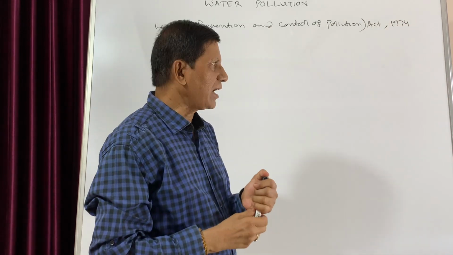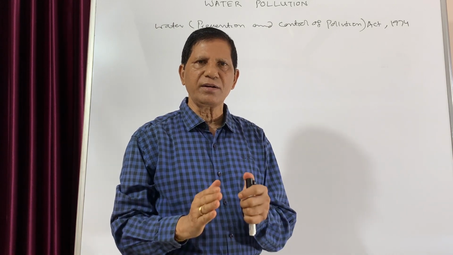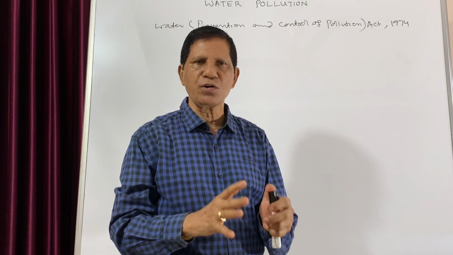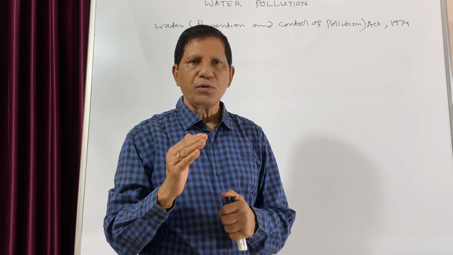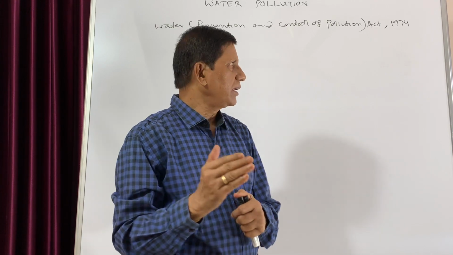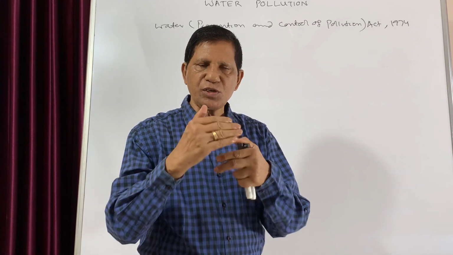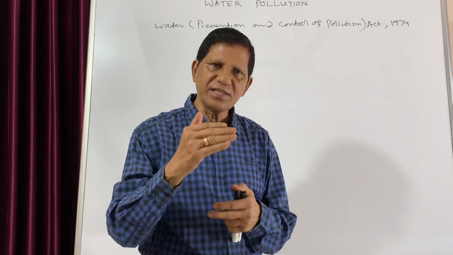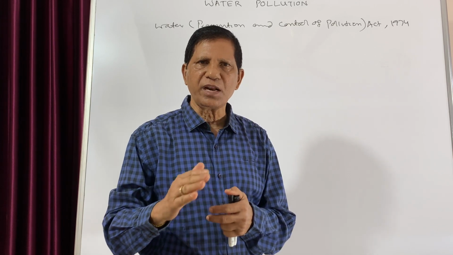In this act, some restrictions have been made on how to safeguard our water bodies, that is ponds, lakes, rivers, all these things. Now we have to decide what the sources of this water pollution are, how we can check it, and what harm is caused by it. We'll discuss step by step.